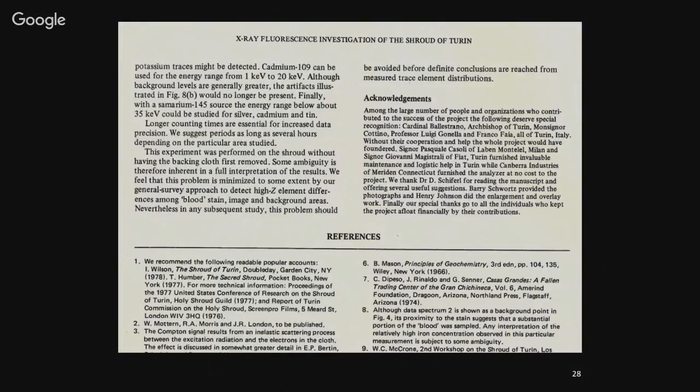And again, this allows them to draw some conclusions, but nothing that was definitive. Nevertheless, in any subsequent study, this problem should be avoided, meaning if they do this again, it would be good to have the backing cloth removed, even if just from certain areas for a period of time, before any definite conclusions are reached from measured trace element distributions.